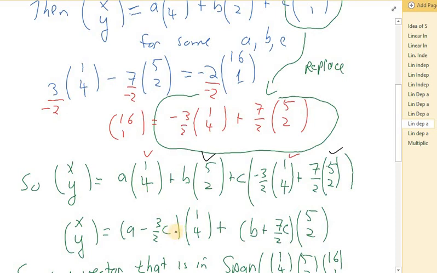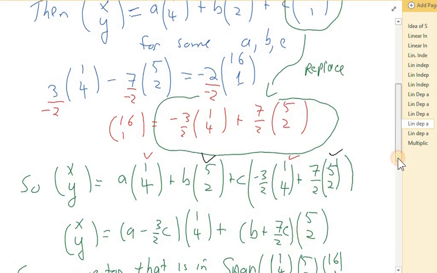And that gives me, over here, a minus 3 halves c times (1, 4). Now this here gives me c times 7 halves times (5, 2). I can group the 7 halves c with the b, and I get b plus 7 halves c times (5, 2). So I get (x, y) as a linear combination of (1, 4) and (5, 2). All right.